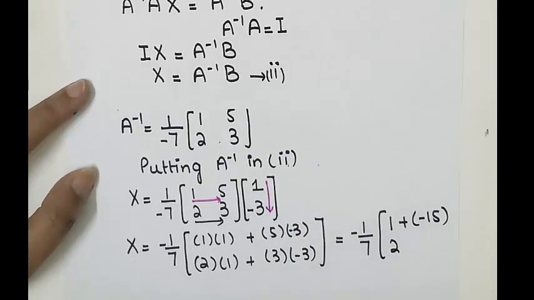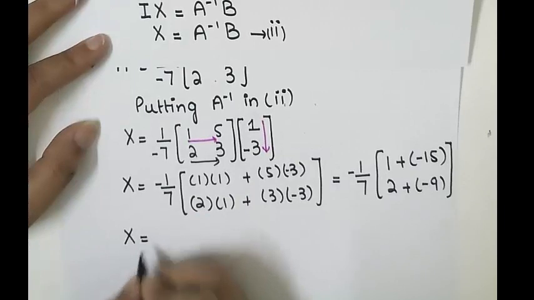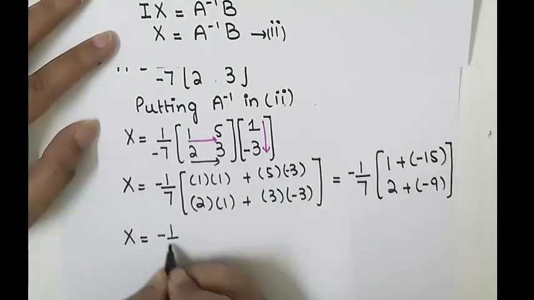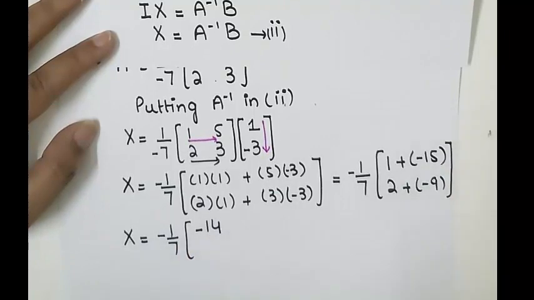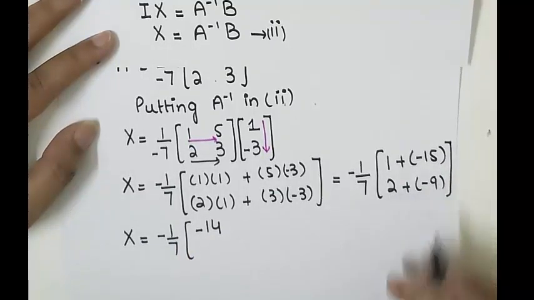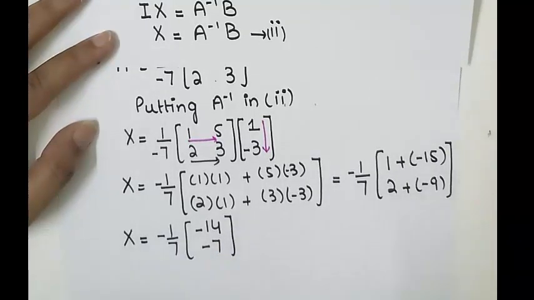Then we have 2 times 1 plus 3 times minus 3 is minus 9. So now we have X equal to minus 1 over 7 times: 1 minus 15 is minus 14, and 2 minus 9 is minus 7.